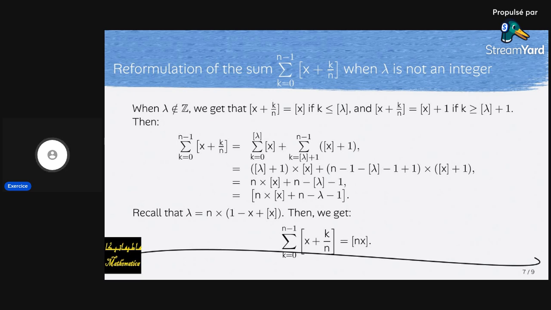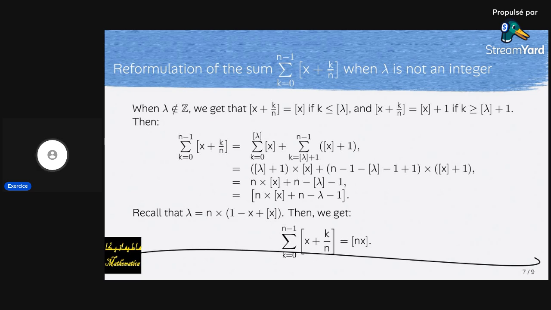So when we compute this expression, we get lambda plus 1 times the integer part of x, plus n minus 1 minus lambda minus 1 plus 1 times the integer part of x plus 1. After developing it, we get n times the integer part of x plus n minus the integer part of lambda minus 1.